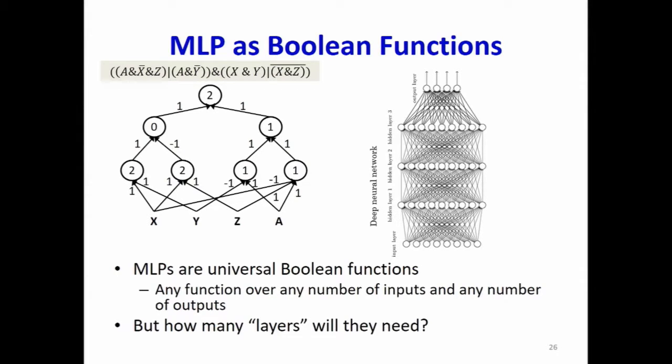So would I always need a depth of 3 for the Boolean function to the left? How many layers will I actually need to compute an arbitrary Boolean function? I'll give you the answer. The answer is 1. One hidden layer, so 2 layers. A depth of 2 is going to compose any Boolean function.